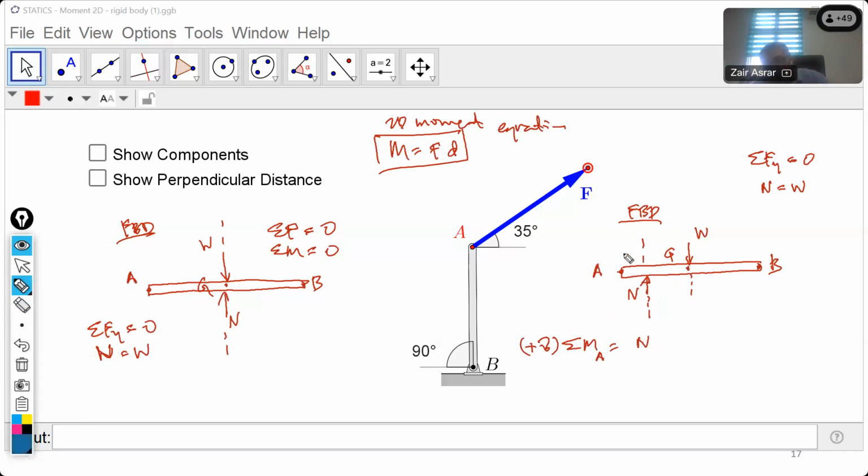D in this case will be this value, dN. As for W, the distance will be this one here, dW. Basically, perpendicular distance from the line of force towards the point of moment, point A. The same applies here.